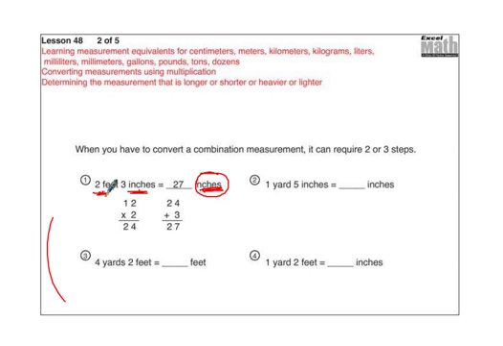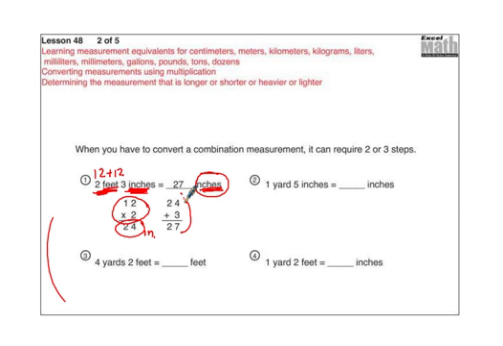How many inches are in a foot? Well, there's 12 inches in a foot. And they did 12 times 2 right there for the 2 feet. That's 24 inches. And then we have 3 more inches being put with these 24 inches, making a total of 27 inches. 24 inches in 2 feet, 3 more inches, 27 inches altogether.